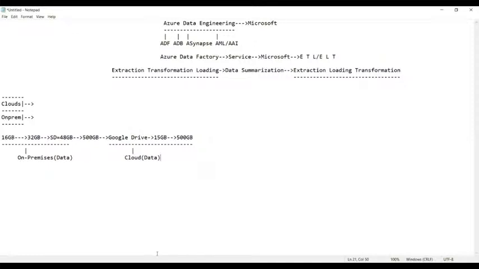Now, guys, nowadays are we storing the data on an SD card? No, most of us are not storing it on an SD card. We have moved from physical data to cloud data.